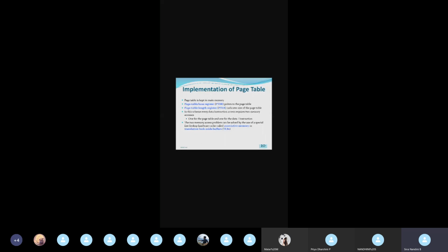Likewise, here we have the page table base register. This page table base register holds the address location of the page table. So we need to know where the page table is in memory, and the register that stores the address location of the page table is the page table base register.